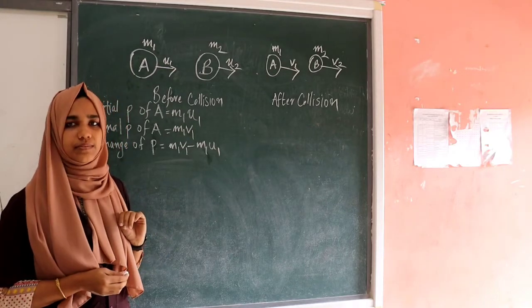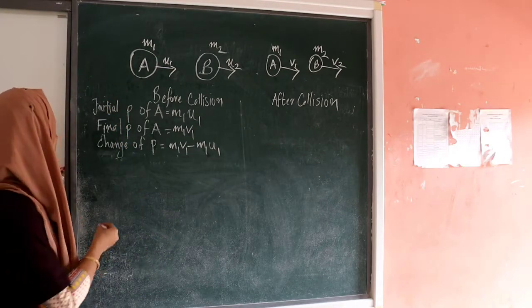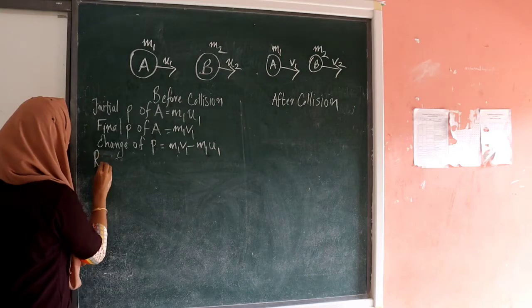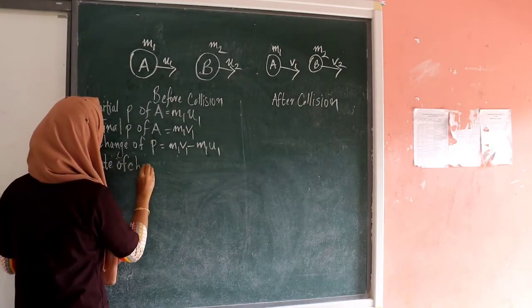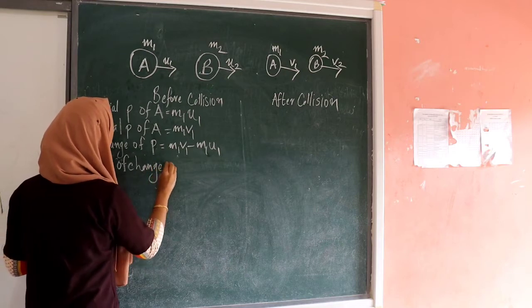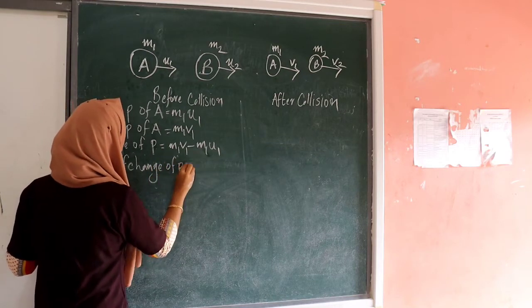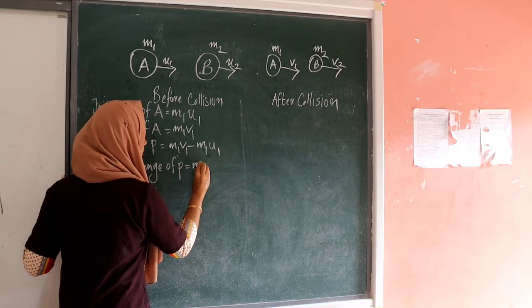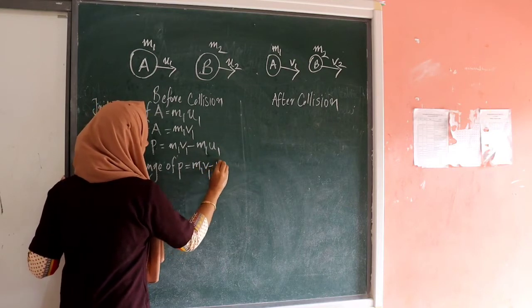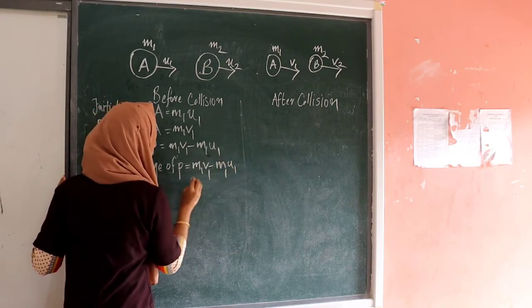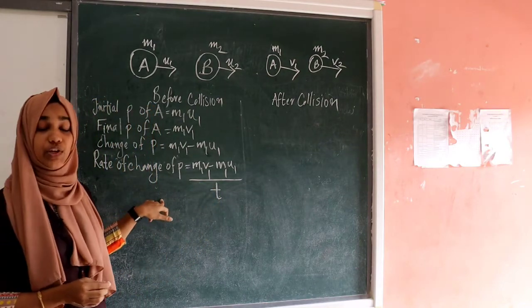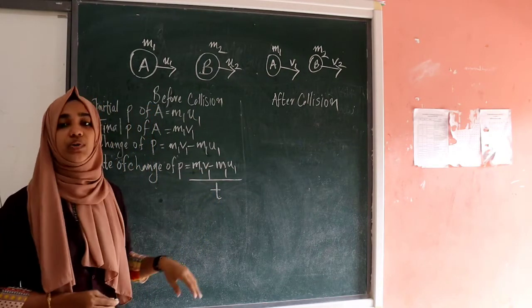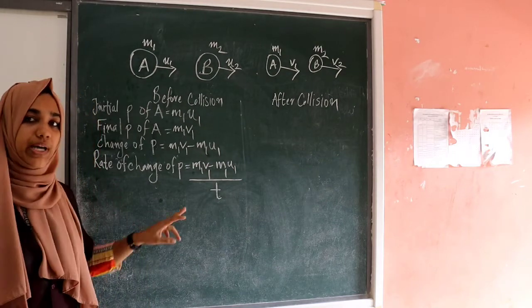Is it clear? Next we want to find the rate of change of momentum. The rate of change of momentum is (M1 V1 minus M1 U1) by t.